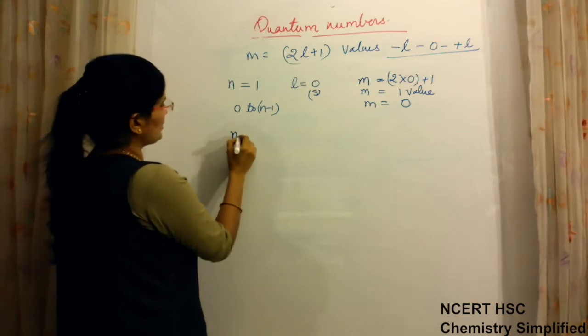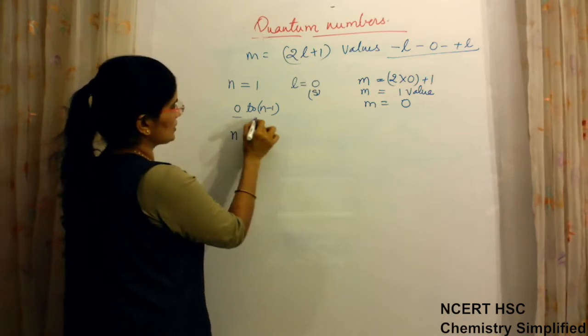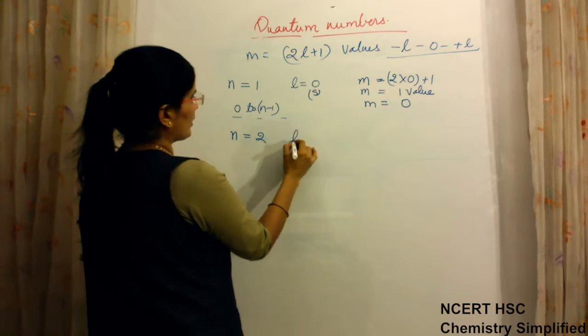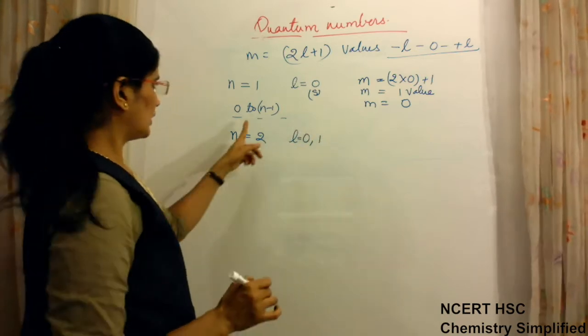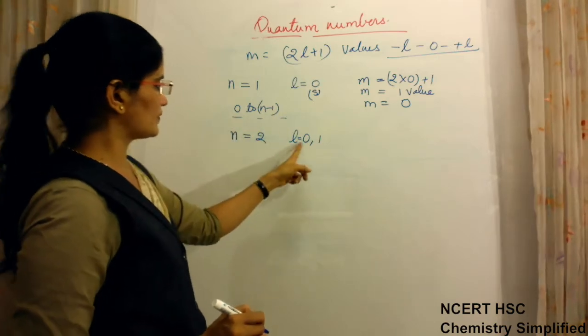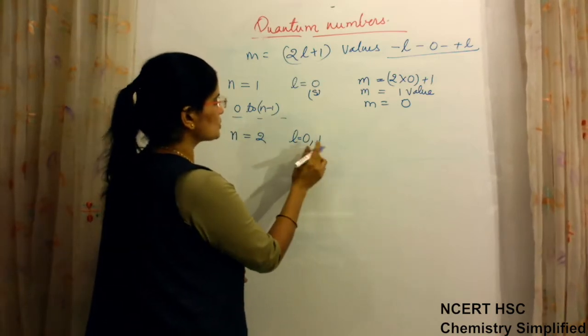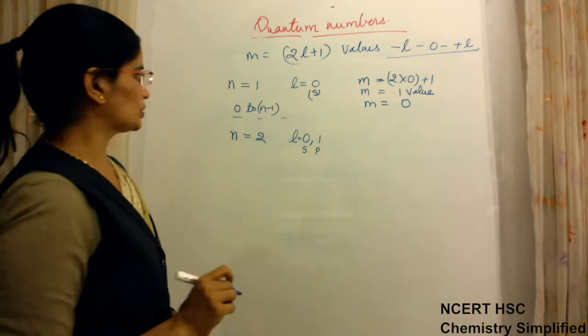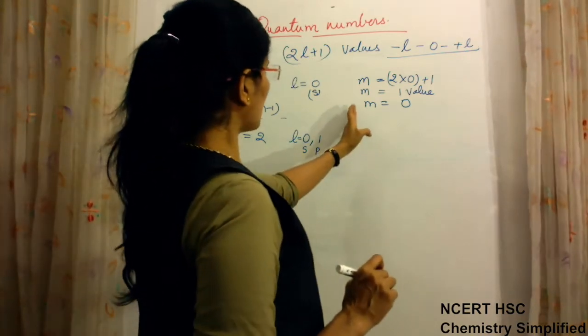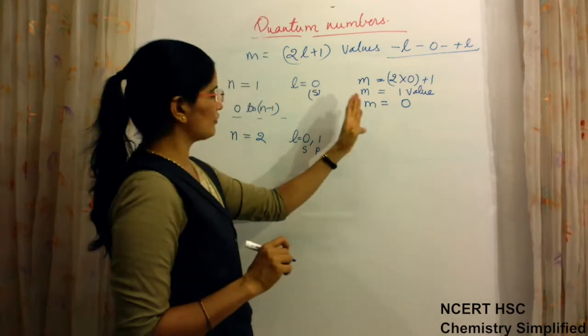Okay, then for n is equal to 2. Again using the same formula, the L values will be 0 and 1. Clear? N minus 1 values, so 0 as well as 1. That means it has two subshells, S and P. Now what is the total number of values of m?